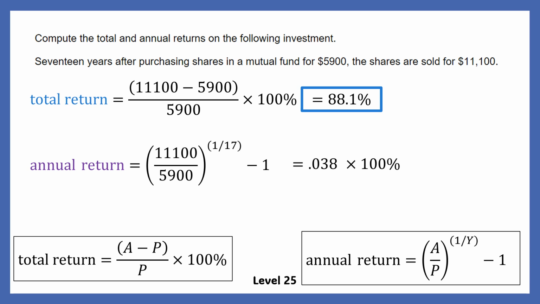Now, we do also want to multiply by 100, so we have it as a percent. So that means on an annual basis, since it took us 17 years, we actually only made 3.8% per year when we talk about the annual return. So it's important to look at both our total return and how much money we made, but also our annual return. And that really reveals whether the time it took for it to grow was worth it.